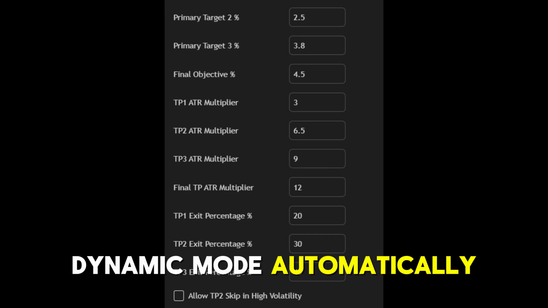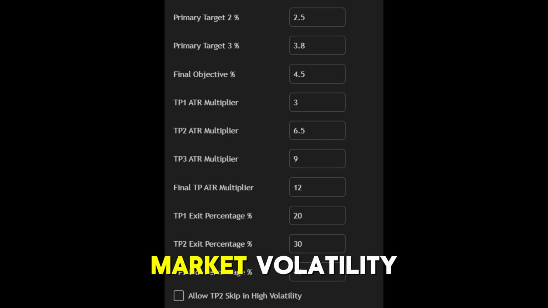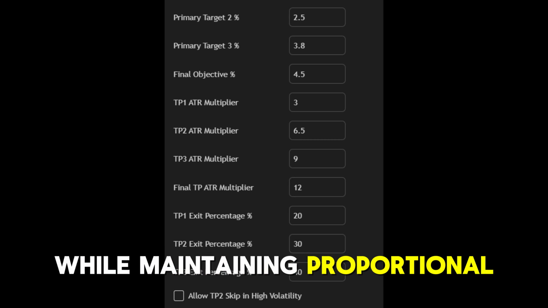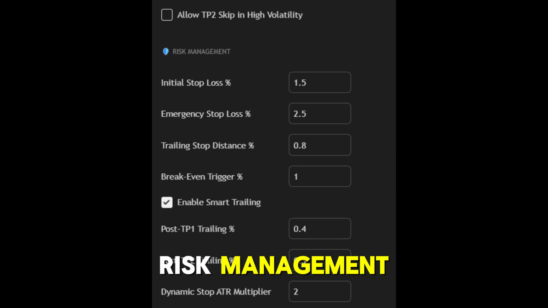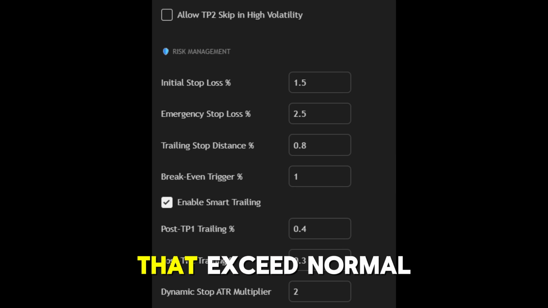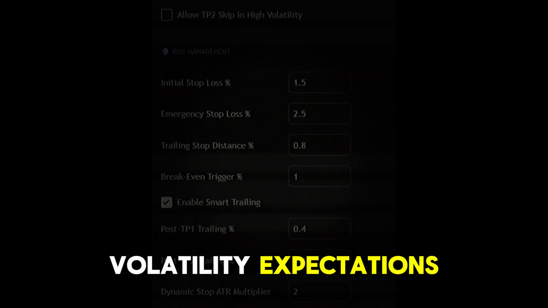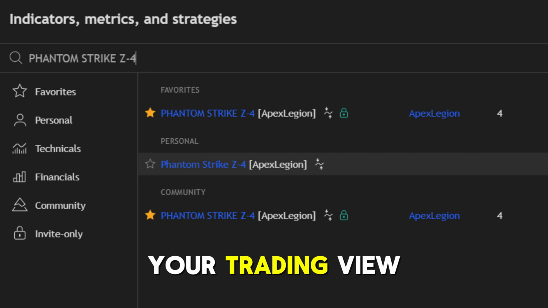Dynamic mode automatically scales all TP and SL levels based on current market volatility while maintaining proportional risk-reward relationships. Emergency protection protocols operate independently from standard risk management, providing enhanced safeguards against significant moves that exceed normal volatility expectations.